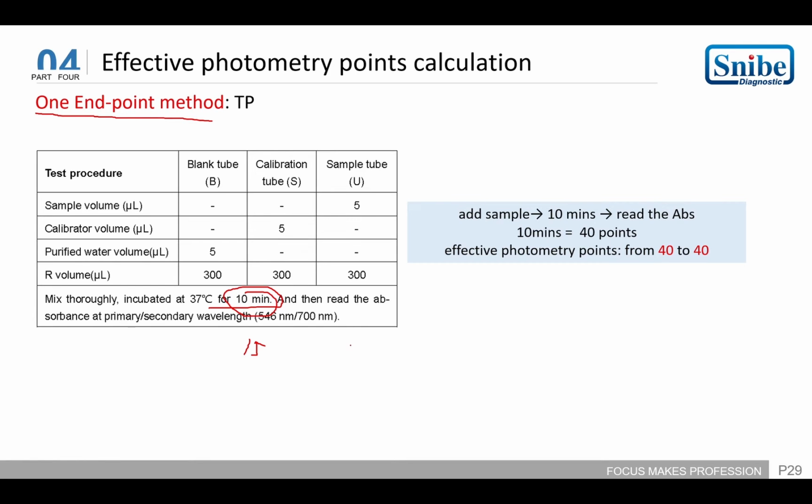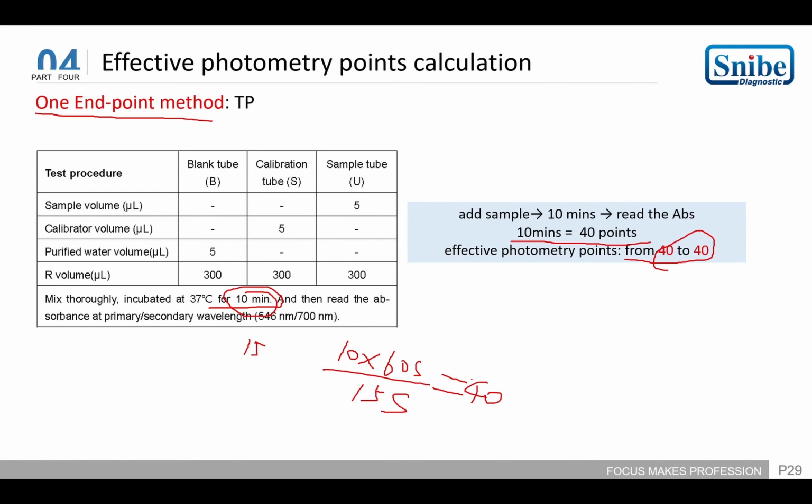So 10 minutes multiplied by 60 seconds, then divided by 15 seconds, we get 40. So that is why 10 minutes equals 40 points. Because this is the one end point measure, it only reads these 40 points. It's very easy to calculate.